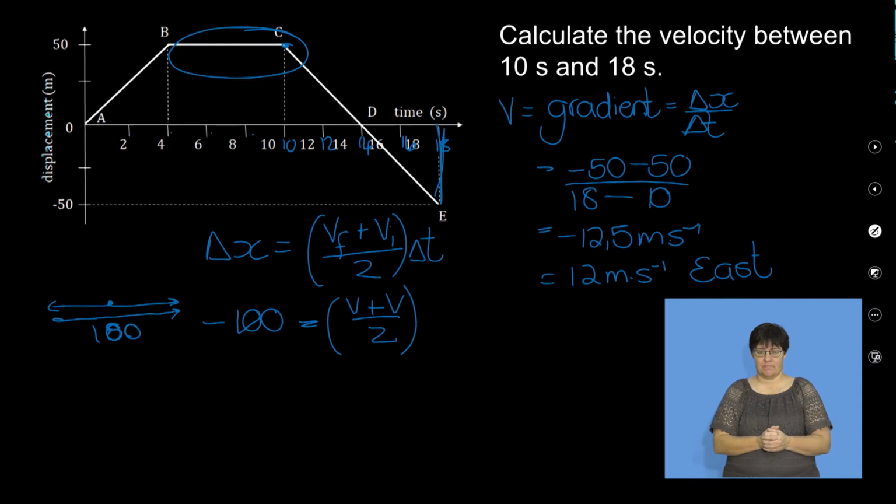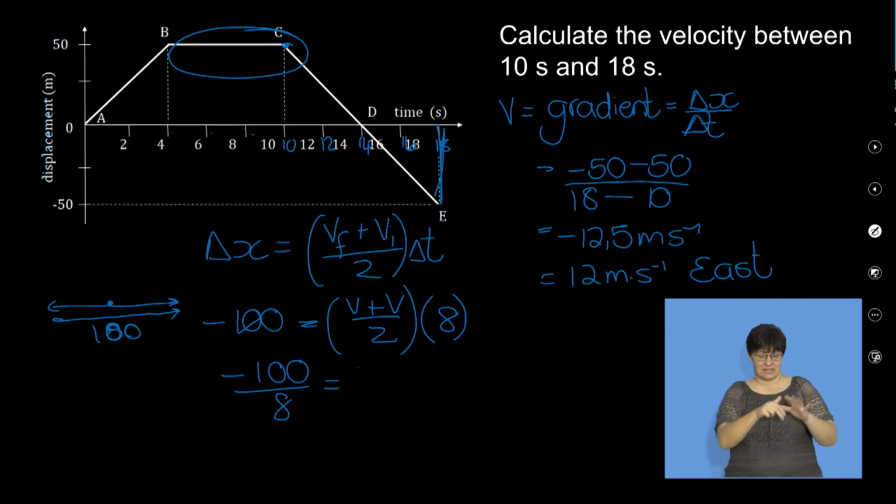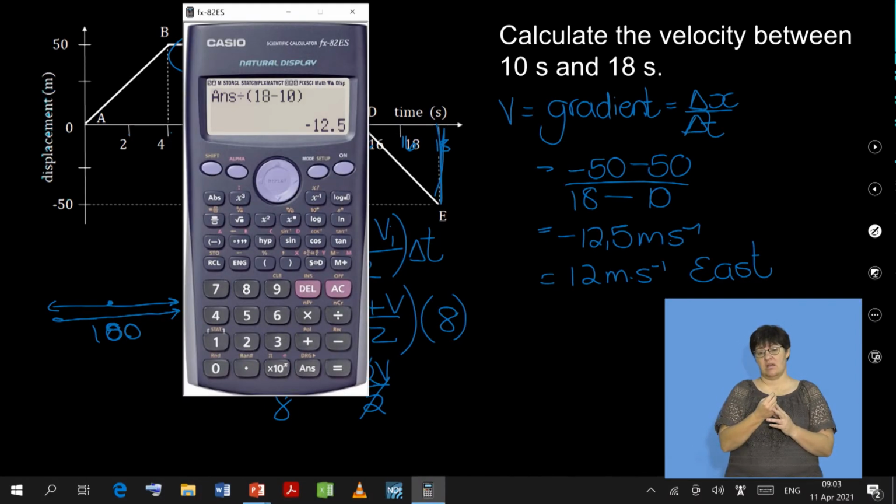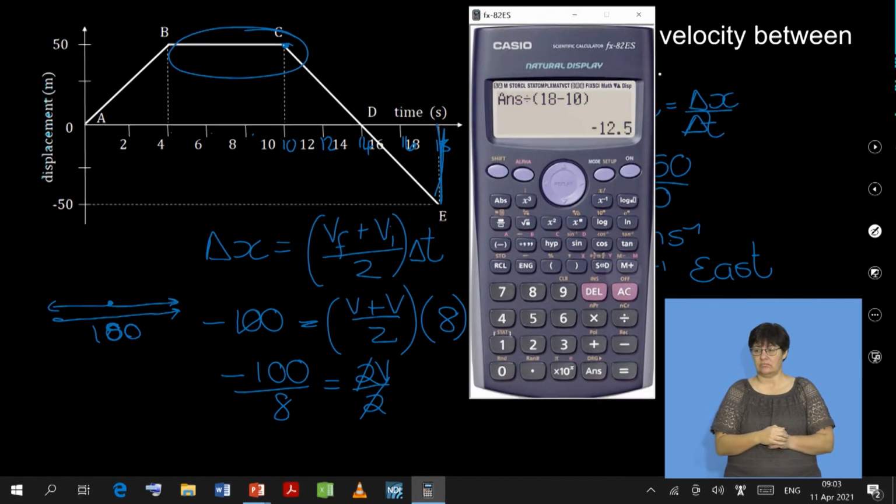And the time, it's from 10 to 18 seconds. So that's 8. So we're going to have minus 100 divided by 8, 2v over 2. The 2's cancel. So again, we take out our calculators. I've got minus 100 divided by 8.